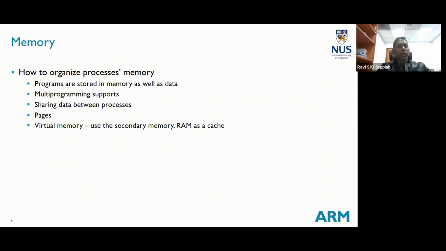In terms of memory, we need to look at things like how programs are stored in the memory. When you talk about programs, you also talk about the data as well. Then, of course, how do you share data between processes? You may have a common data structure where process 1 and process 2 both require read-write access.